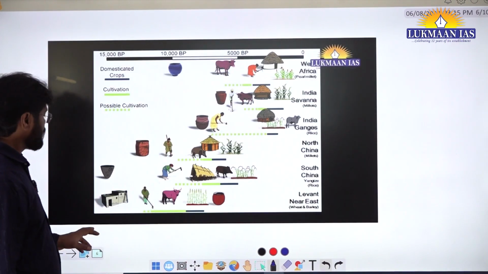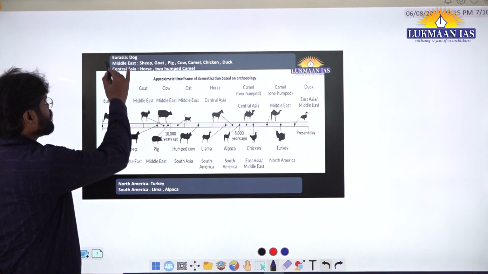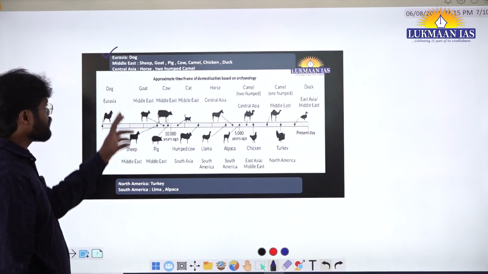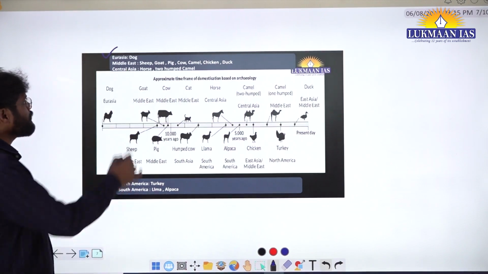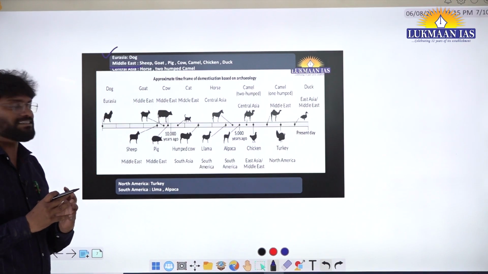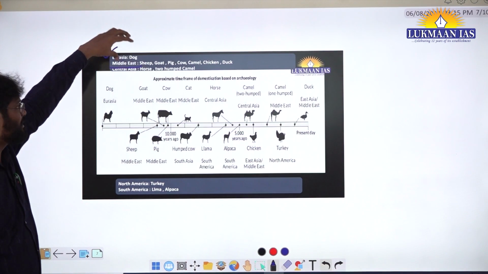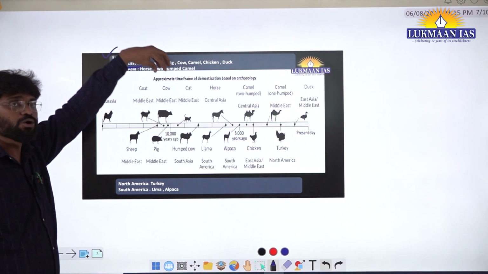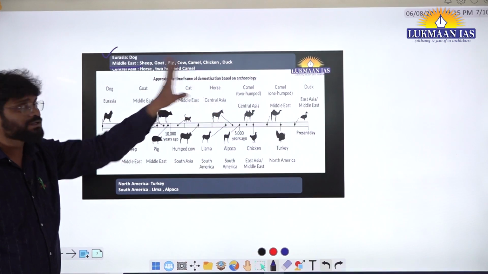Next, when it comes to animal domestication, in the Eurasia region the dog was domesticated. When it comes to the Middle East, the Fertile Crescent as well as West Asia, the animals domesticated were sheep, goat, pig, cow, camel, chicken, as well as duck.